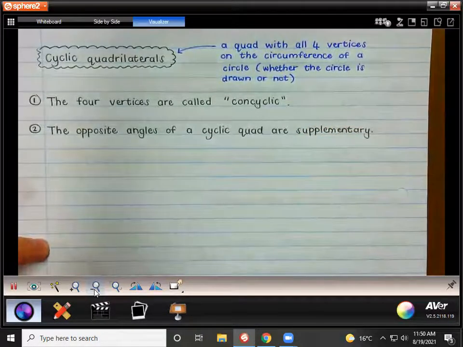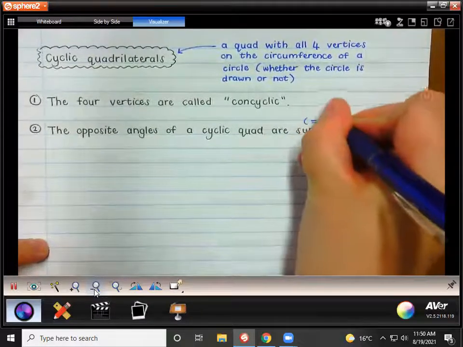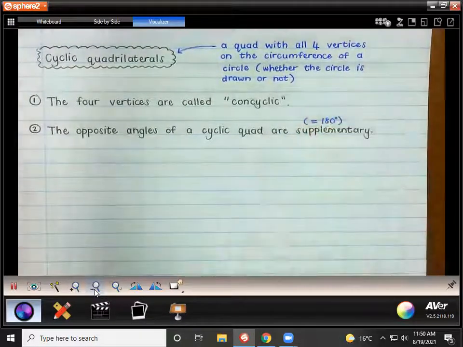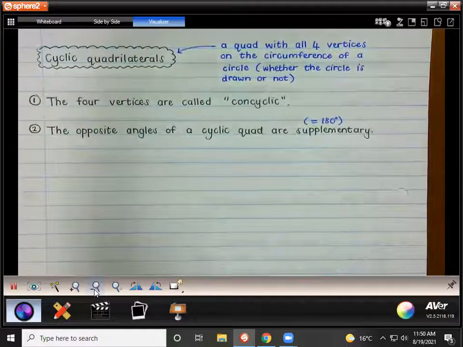Now, supplementary, in case you've forgotten what that means, is that they equal 180 degrees. Okay, so that is the theorem. If you have a cyclic quad, then the opposite angles will be supplementary.